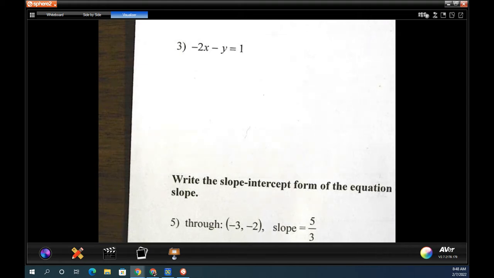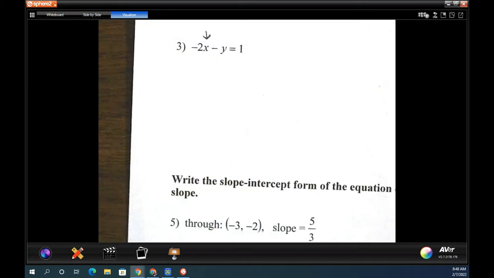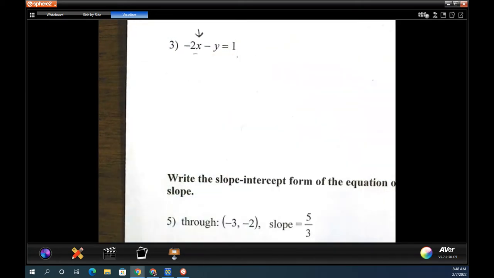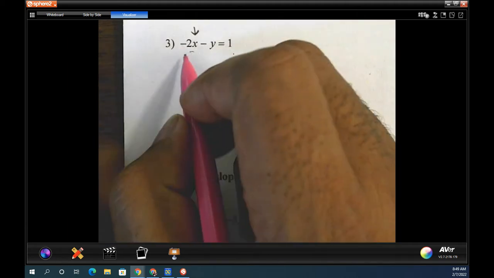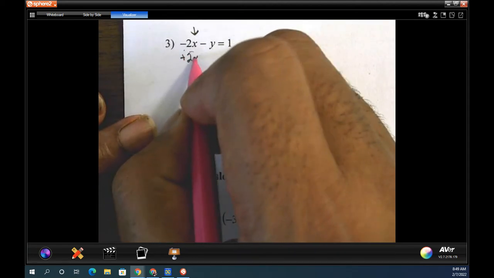Don't we usually move this first? X. How do we move this to the other side? No. Don't divide. Not multiply. What's the other thing we need to do here? This is negative. You need to add 2x to both sides.